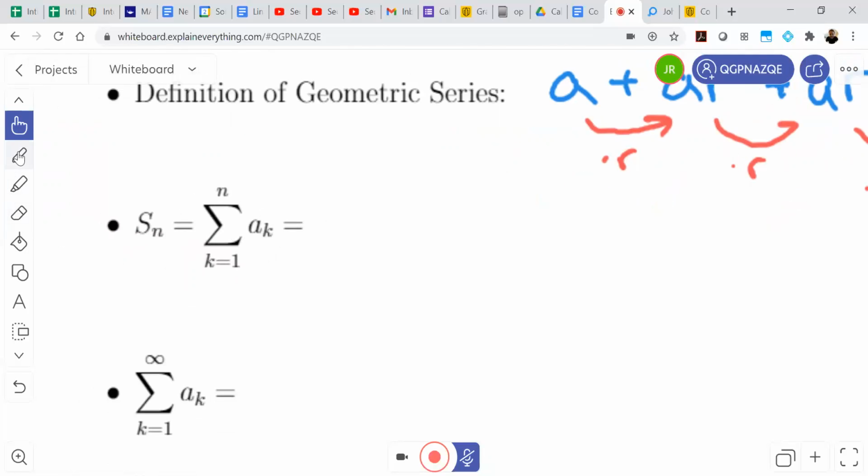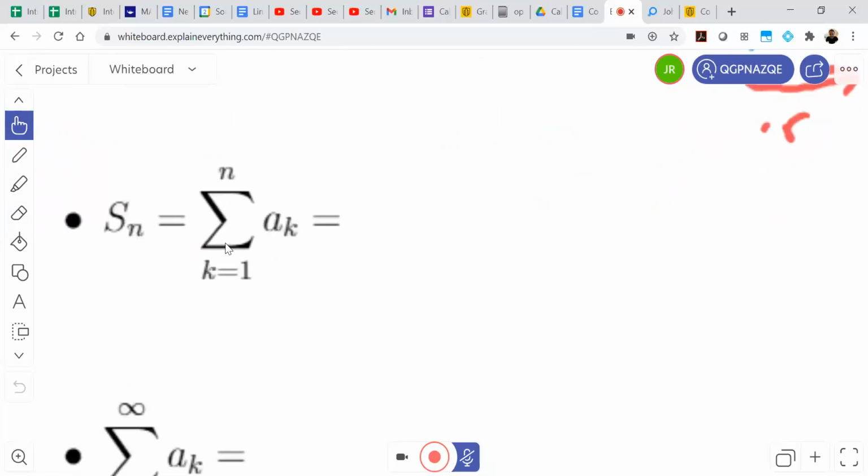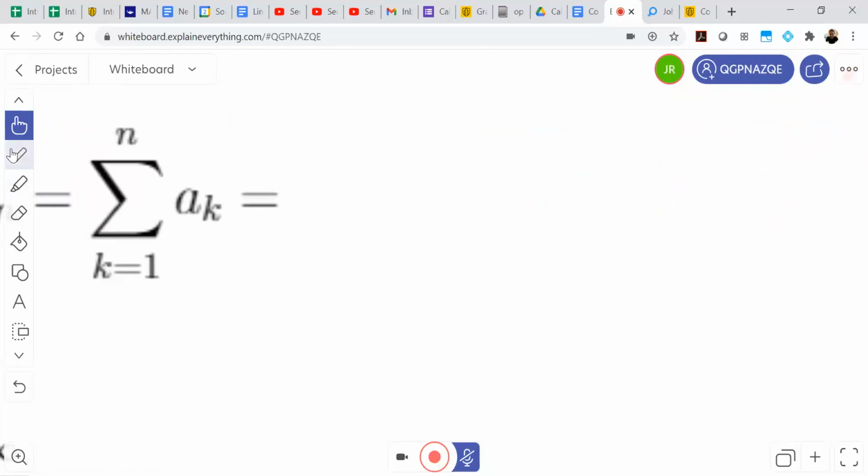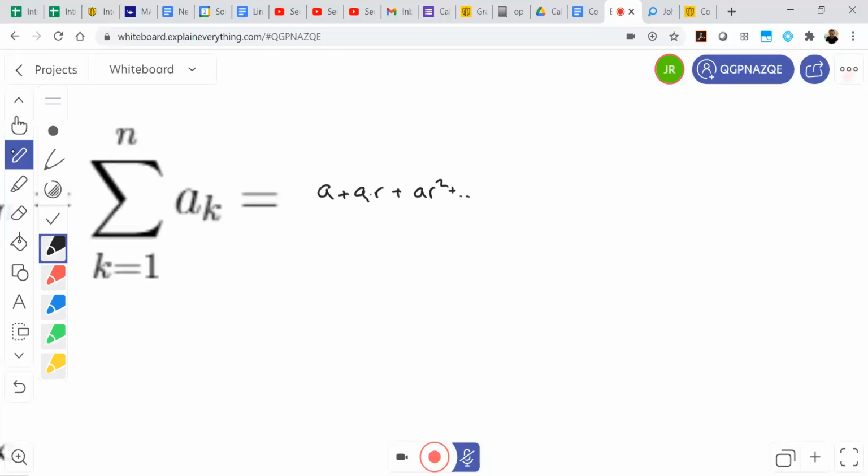So let's go ahead and introduce the sequence of partial sums here. The sequence of partial sums, again, is going to be a plus a times r plus a times r squared plus dot, dot, dot, up to a times r to the n minus 1.